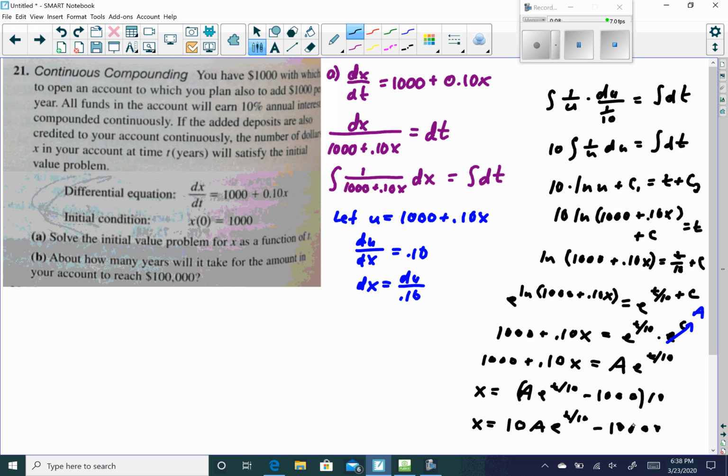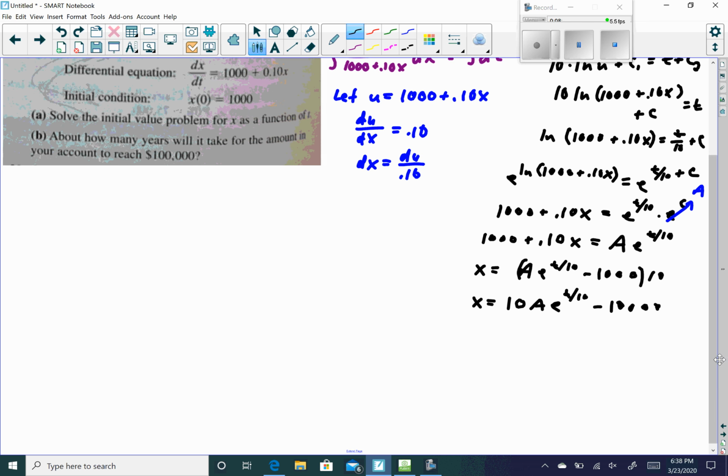To find a specific problem, again, we're looking at our initial condition. So t equals 0 means x is 1,000. So if we substitute that in, I'm just going to show our initial condition is that when t equals 0, x is 1,000.